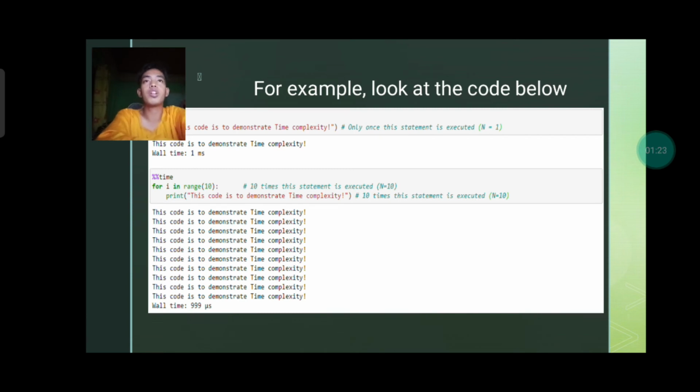The first algorithm is defined to print the statement only once. The time taken to execute is shown as 0 nanoseconds, while the second algorithm is defined to print the same statement, but this time it is set to run the same statement in a for loop 10 times.